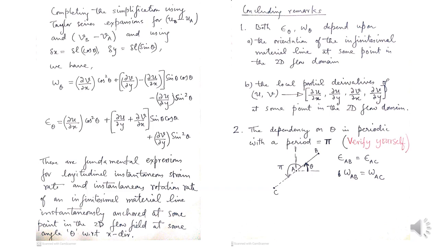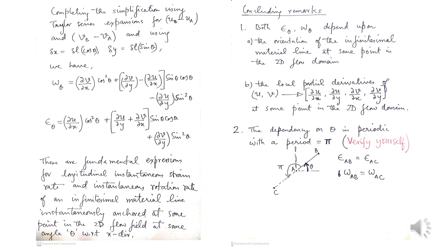And the second dependency is on the four important partial derivatives of the velocity components at, of course, the anchor point. Since you are working in two dimensions, you have got only two components u and v, and each of them will have two spatial derivatives: del u del x and del u del y, similarly del v del x, del v del y.